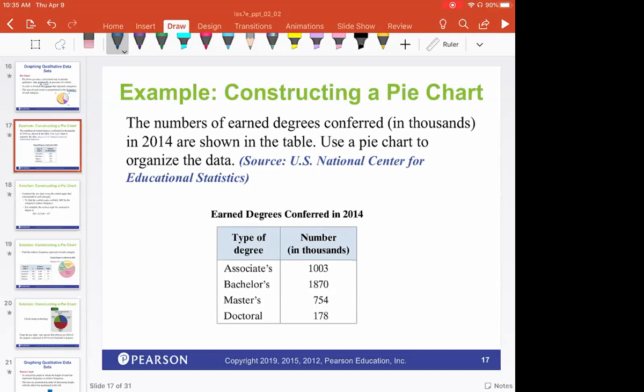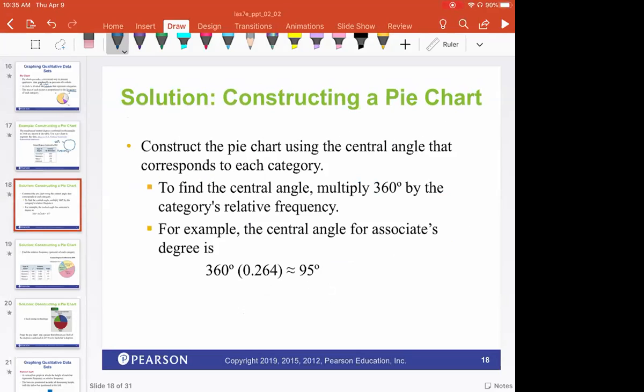Okay, so we want to make a pie chart. Now, if I want a pie chart, I know the whole pie is 100%, and I want to make slices according to the percent. So we have to take a moment and find the frequency of each one, find the percent, and that's our next step. Construct the pie chart using a central angle that corresponds to the category.